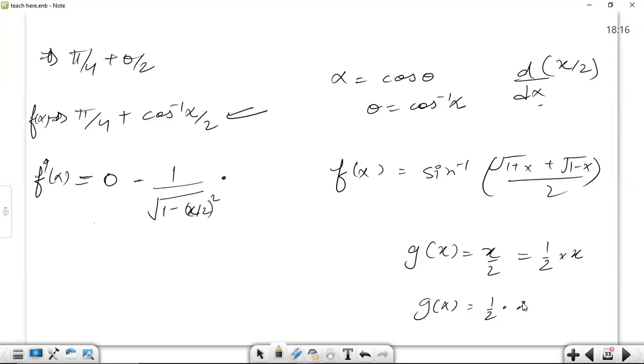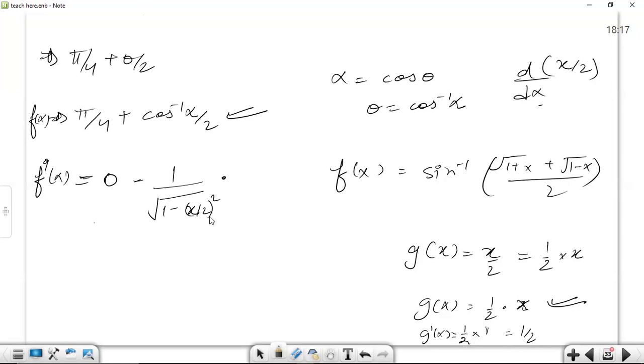When we have to differentiate this function, half will be just written ahead, and then x will be differentiated. The differentiation of x is 1, right? So g dash x will be half. Okay, is this clear to everyone? Yes, sir. Great.